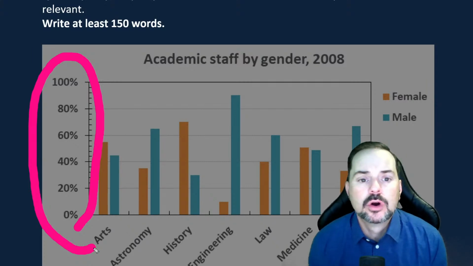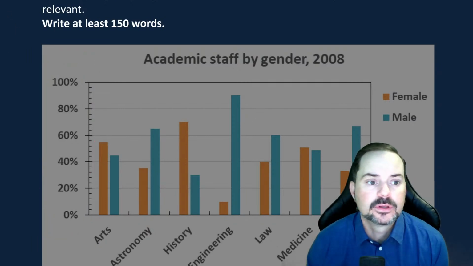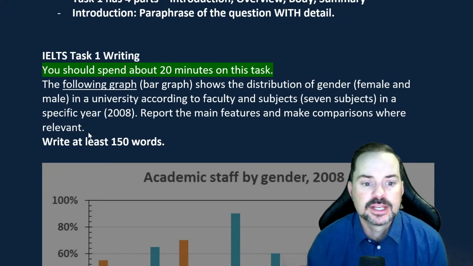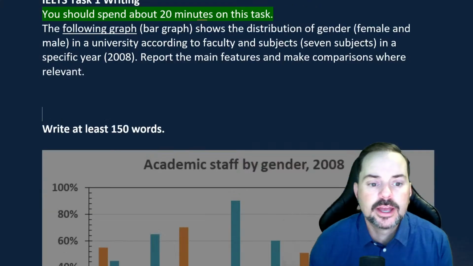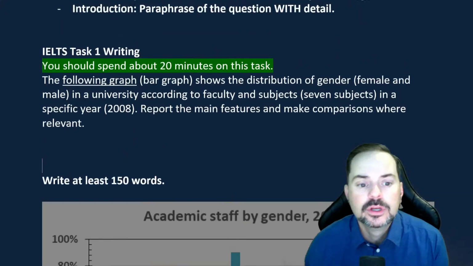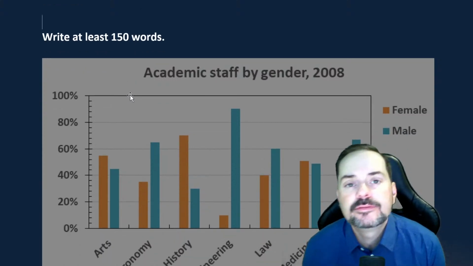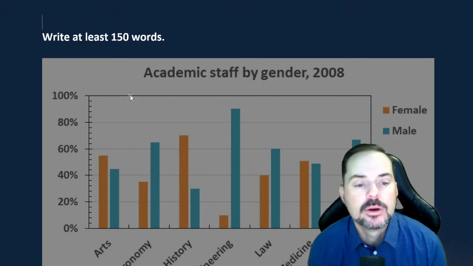Okay, so we see that it's the percentage that we're looking at here as well. So the distribution is the percentage. So I can start paraphrasing this for the introduction, and that's exactly what I'm going to do. Now it says write at least 150 words. 150 words, students, is the bare bone minimum.